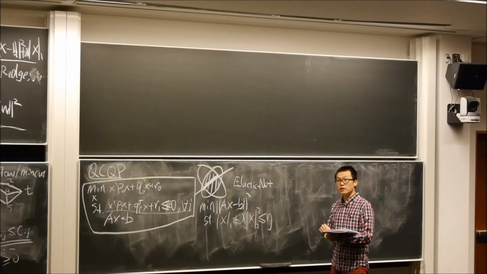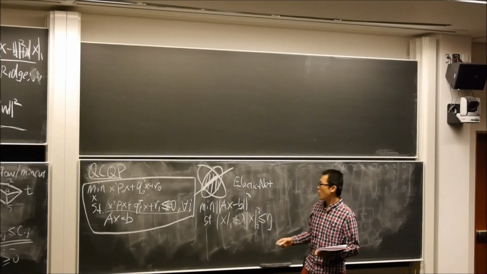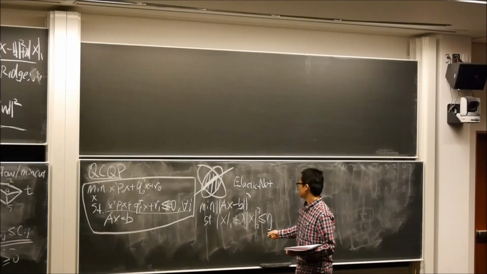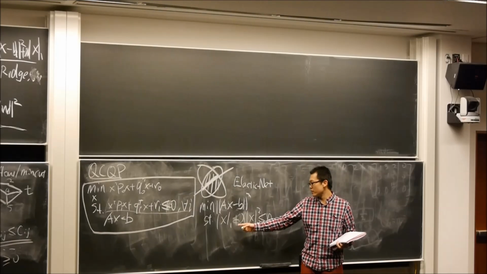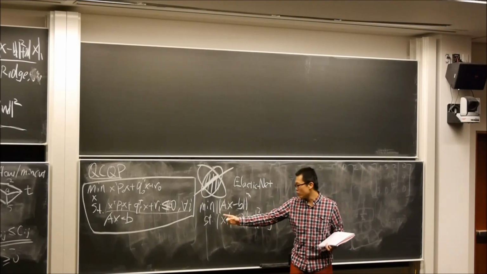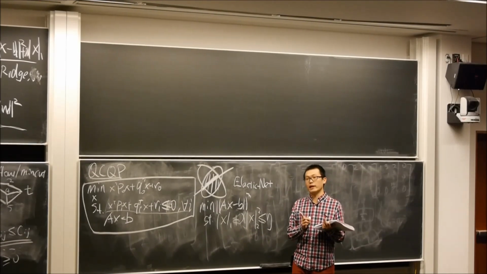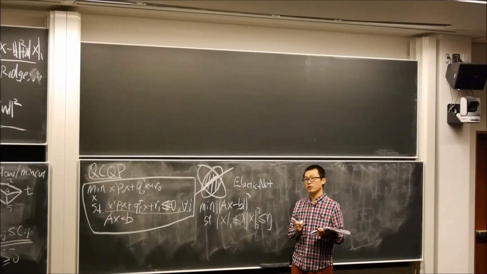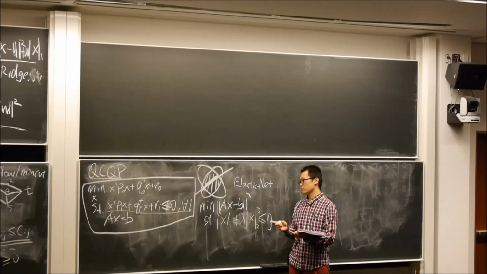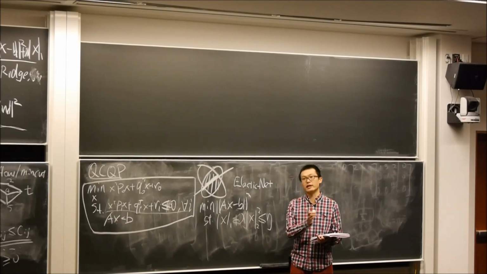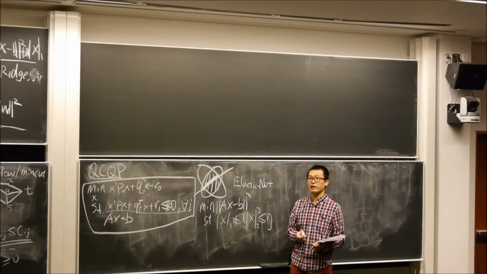Got a question there? Oh, okay. I'm not quite sure what the constraints mean. Oh, this? Elastic net. The idea is that if you only have a one norm constraint, sometimes the solution is not unique. If there are two identical vectors and you are penalizing the one norm, the stability is really bad, because you can arbitrarily choose any one of them or any convex combination of them, and the objective value will be the same.